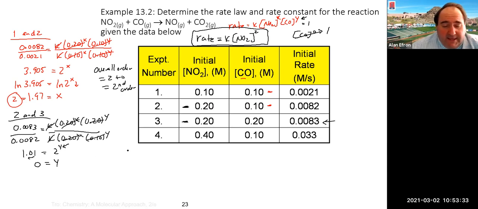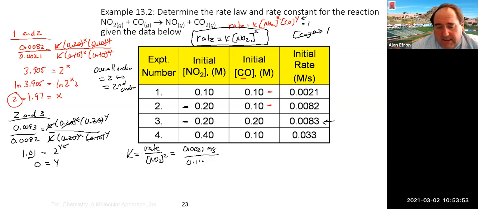So K in this case would equal our rate divided by NO2. Again, we want to make sure we square it. And you could choose any entry. So again, I'll just go for the first one. So 0.0021 molar seconds. Our NO2 is 0.1 squared molarity.